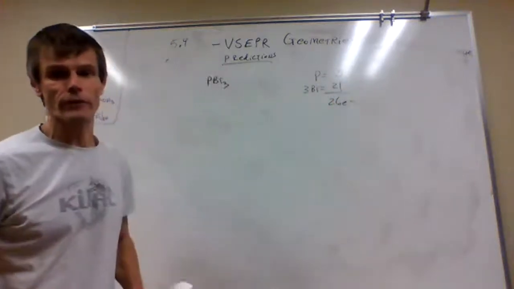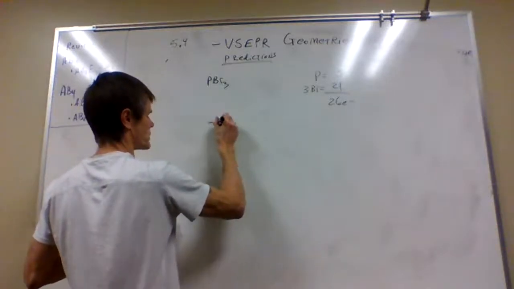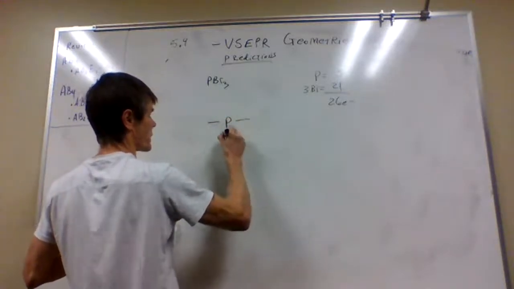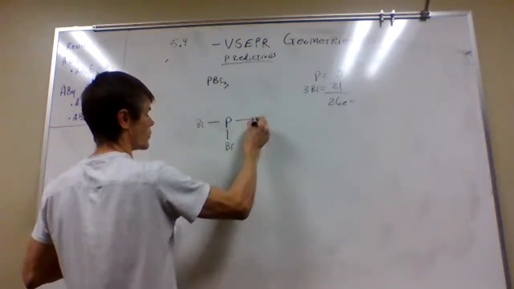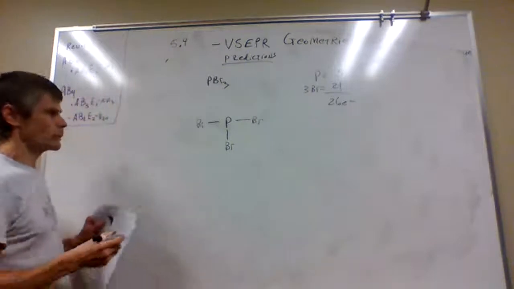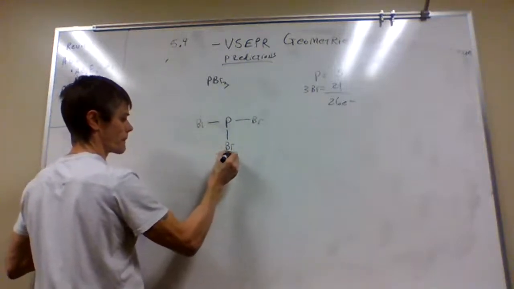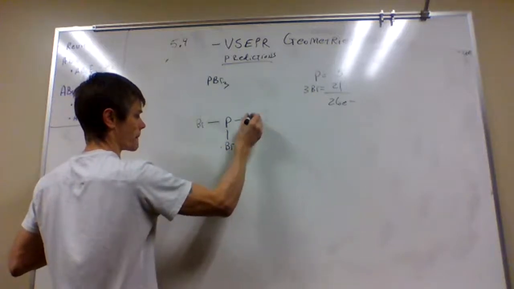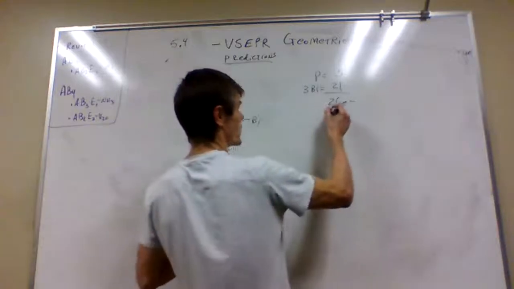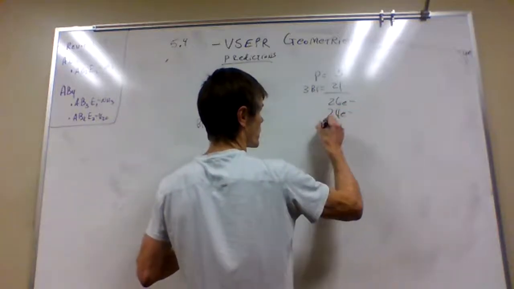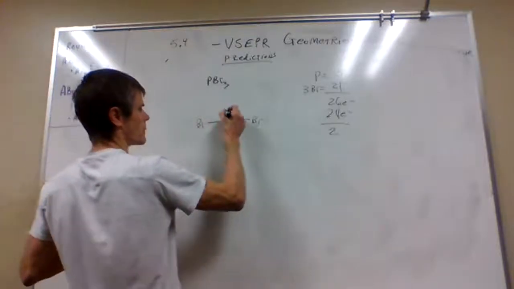We have 26 electrons to work with. Here's phosphorus and our 3 bromine, and we have a single bond about them. And we would fulfill the octets. At this point we've used up 24 electrons, and we have 2 electrons remaining.